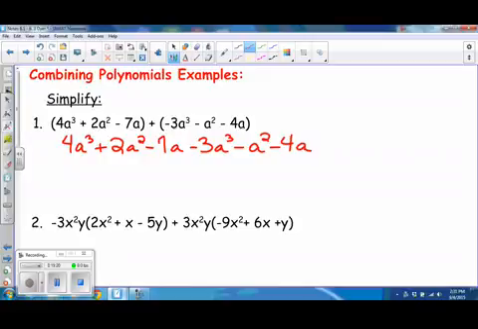Keandre, what do you think we should do now? Combine like terms. Very good. Now remember, for them to be like terms, they have to have exactly the same variables with exactly the same exponents. Good. So, Tito, what's a like term with 4a to the third?